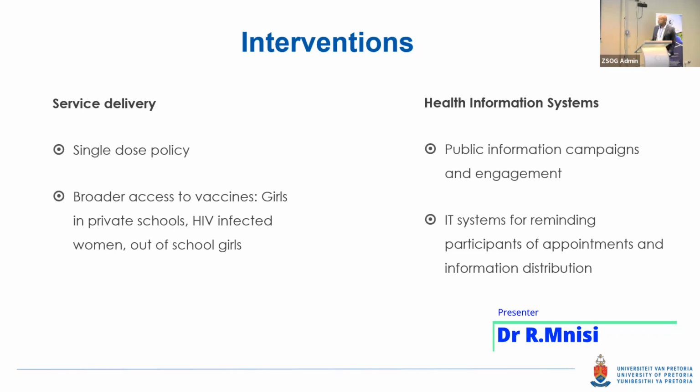Looking at the building blocks of our service delivery system, we are now saying maybe we should encourage a single dose policy, and also encourage broader access to vaccines. In the beginning, the vaccination program only involved schoolgirls in the public system. Now we must also cover girls in the private school system, and target HIV-infected young women and out-of-school girls.